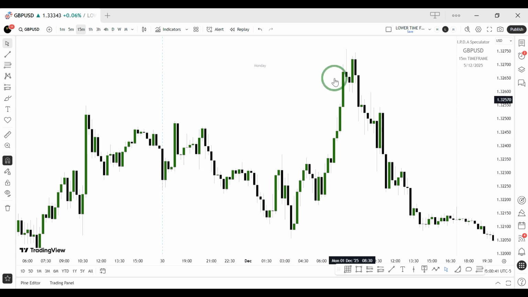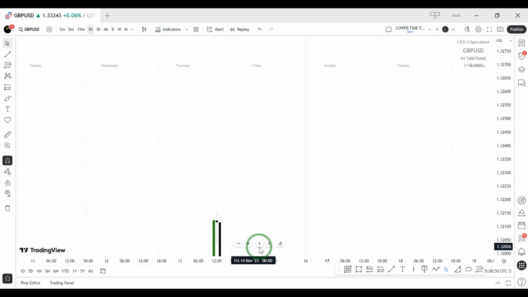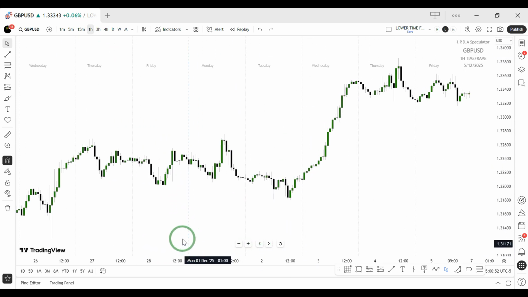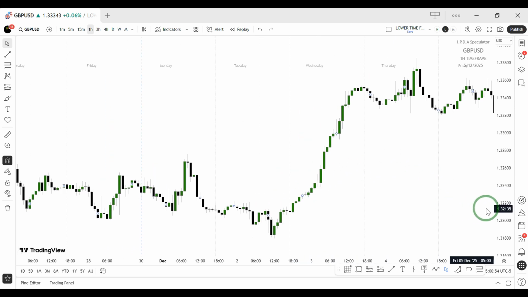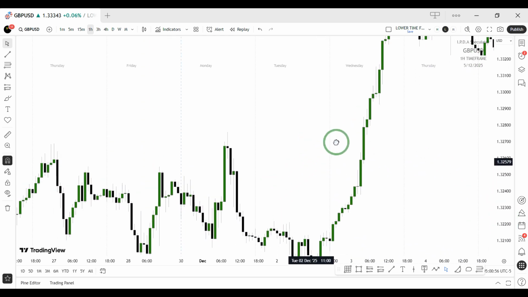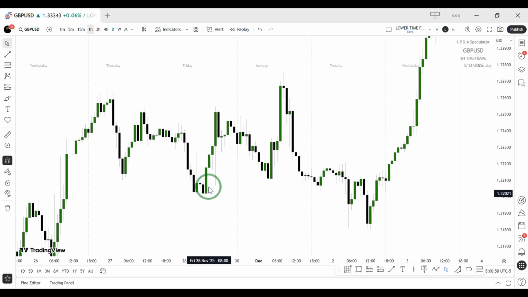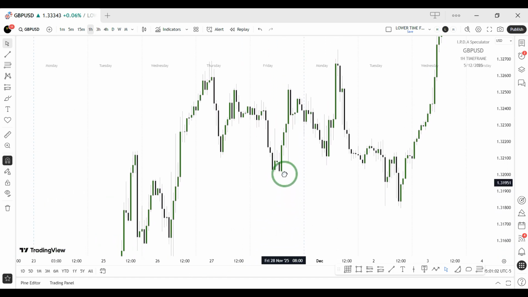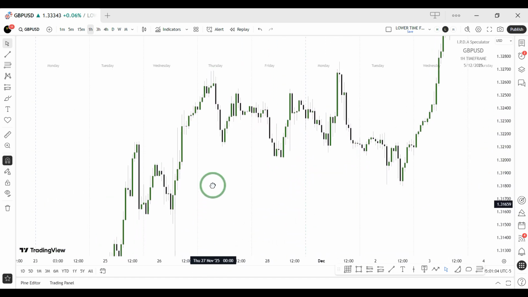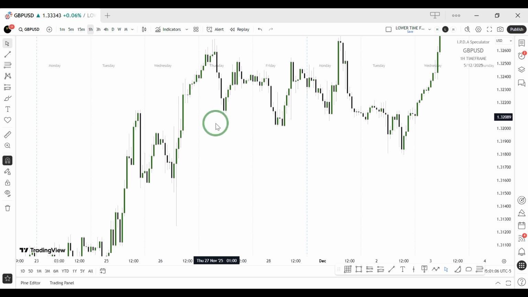All right, this is a GBP 15-minute chart. After opening my chart on this day, I was observing the dealing range that was actively trading on Friday. We had this range from this low to that high.